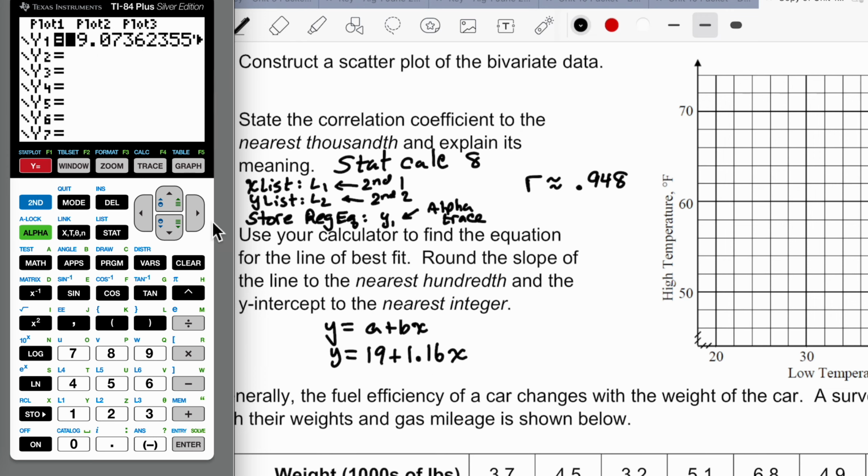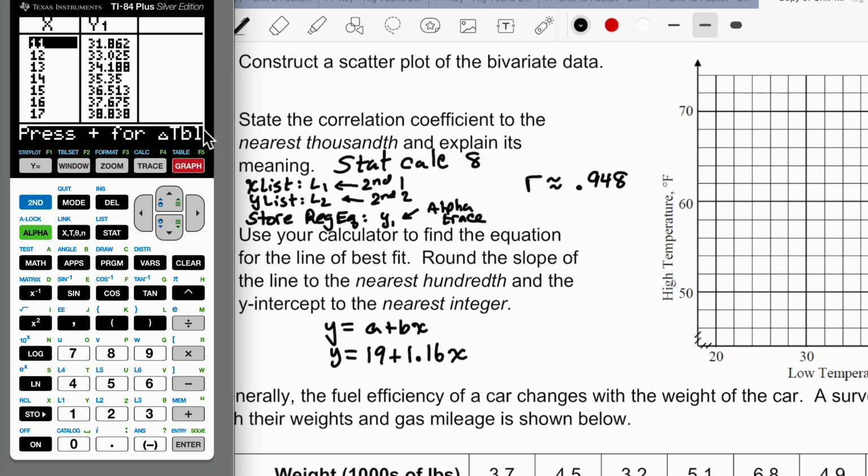So in y equals, I have the unrounded version of the answer to the second part of this question. If I wanted to look at the graph or get a table of values, I can easily get that information. So I could plot that line pretty easily now. I mean, the numbers aren't pretty, but I can get what I need out of it.